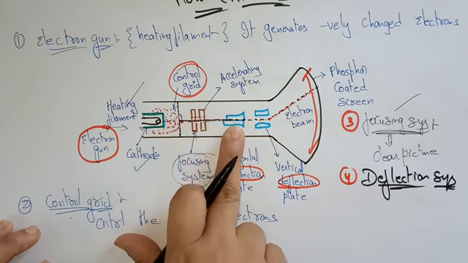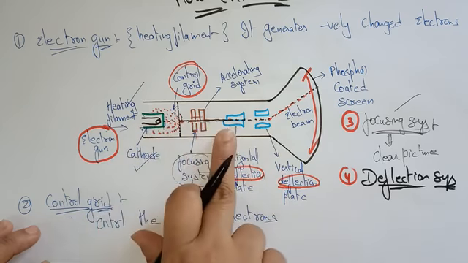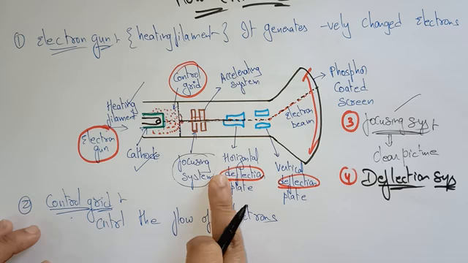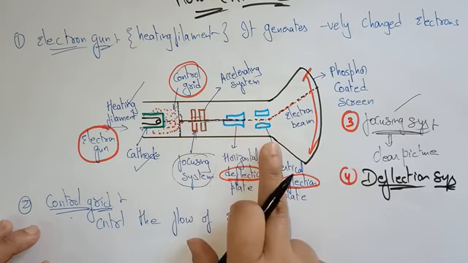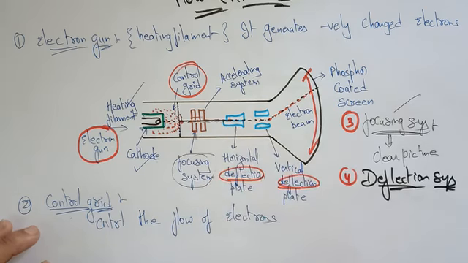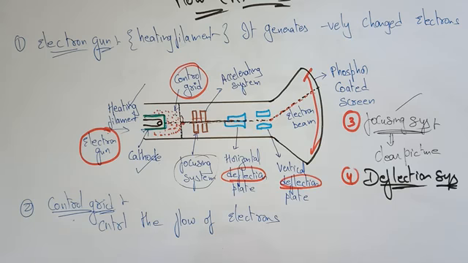Whatever electron beam is coming through the focusing system, this deflection system controls the direction of the electron beams by using electric or magnetic fields. Don't take it as "and". Suppose your system is working on electric fields.